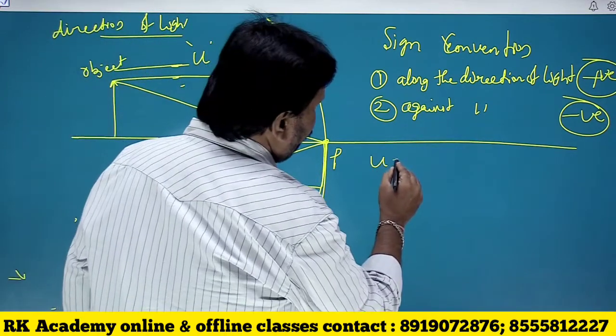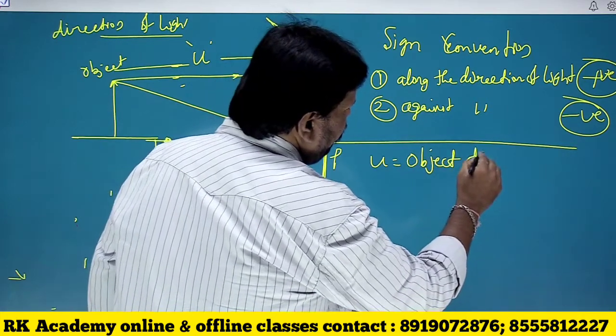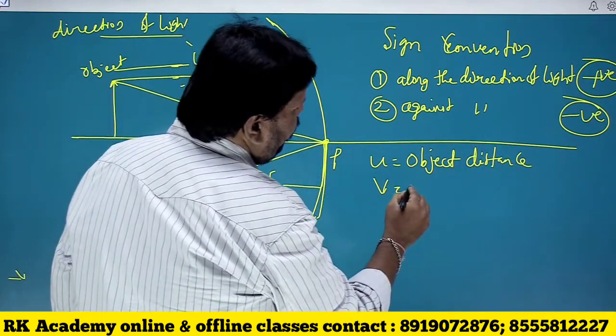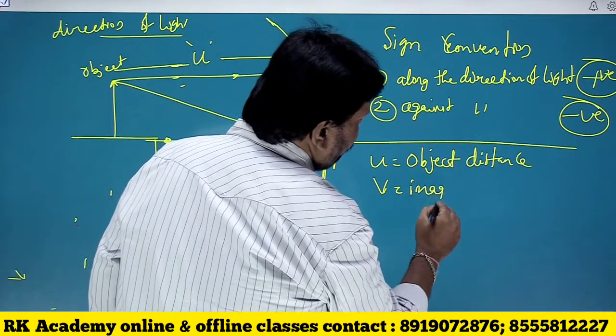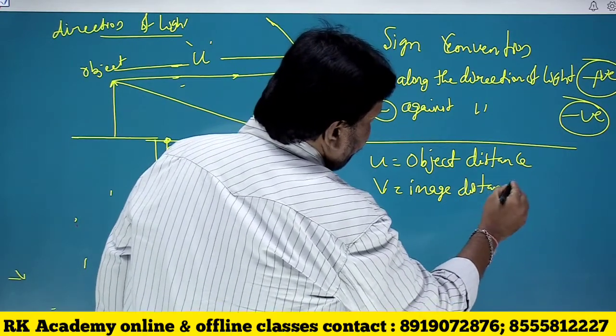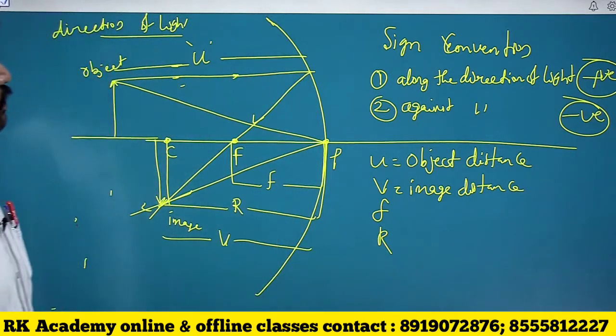Here U is object distance, V is image distance. And you know that F is focal length and R is radius of curvature.